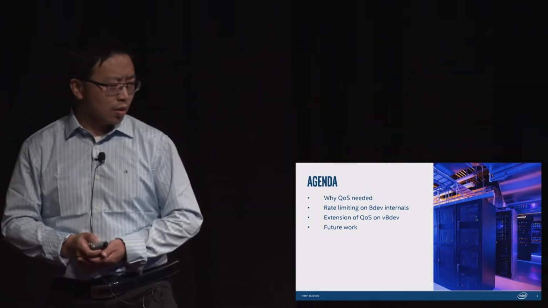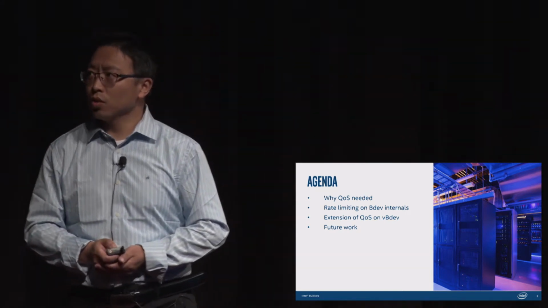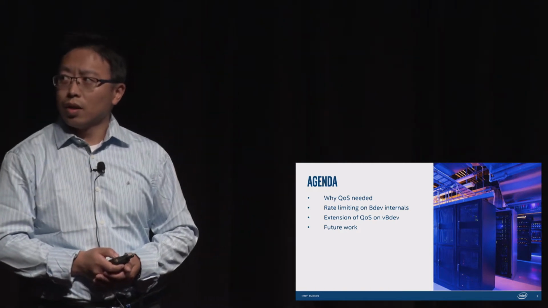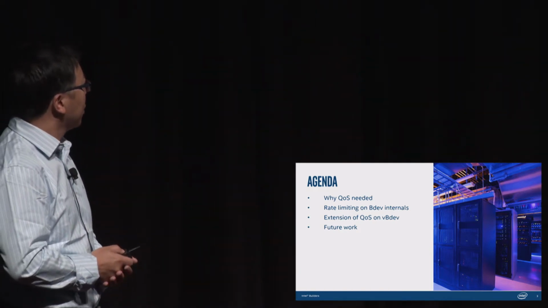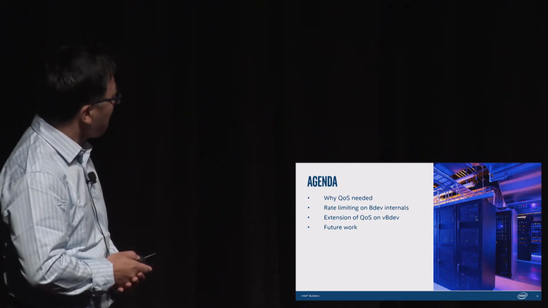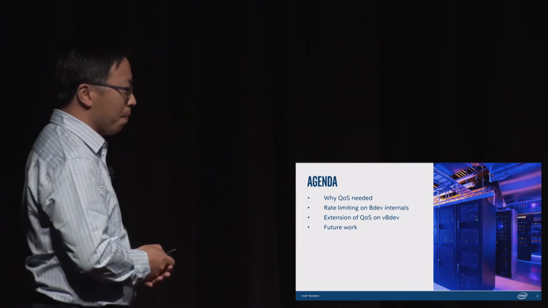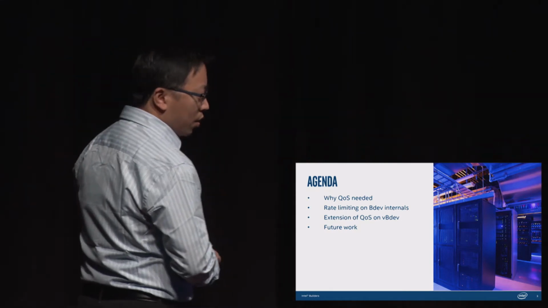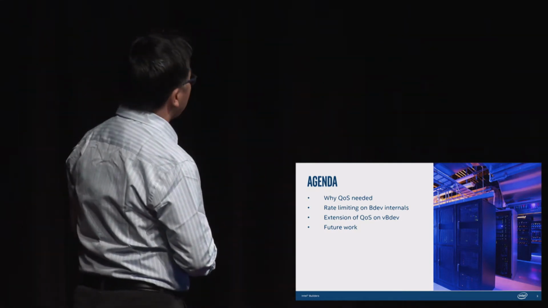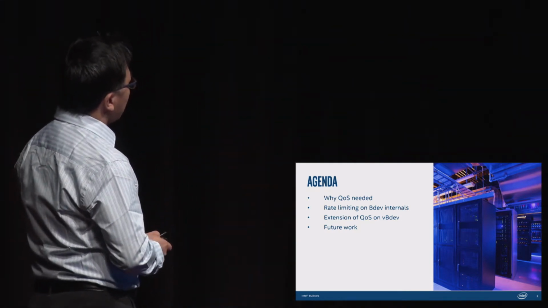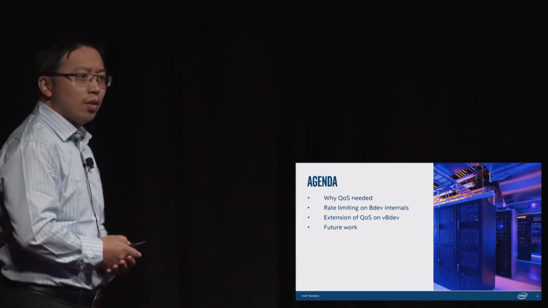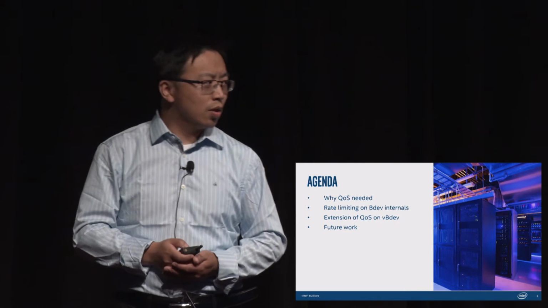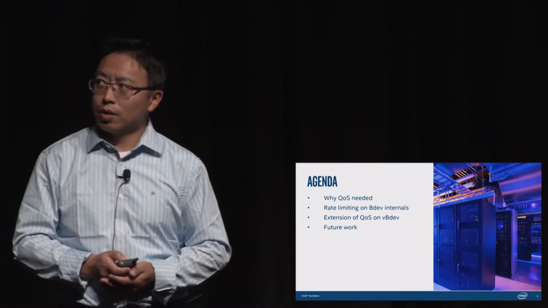And next, we'll also talk about one extension to enable QoS on the vBdev, and we also have a lab sharing later in the morning. And the last part is about some future work. There is still much work to do, and if anyone would like to join the community, we can discuss and share some ideas on this part.